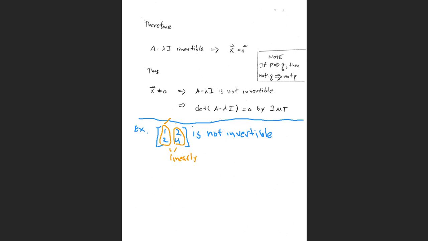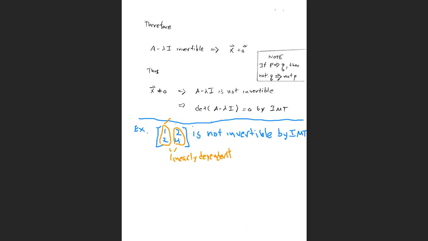And so by the invertible matrix theorem, this matrix is not invertible, because we learned by the IMT that if the columns of the matrix are linearly dependent, then the matrix is not invertible.